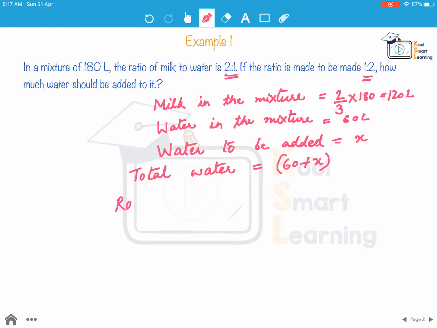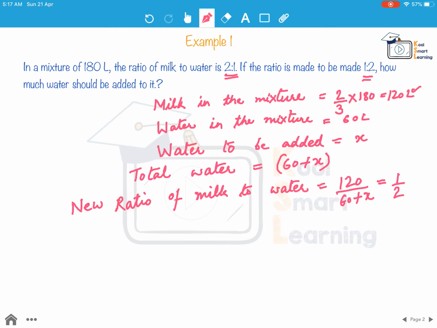Now if we have to see the new ratio of milk to water, this becomes 120 liter, because the milk content is still the same, divided by 60 plus X, and we know that this ratio should be 1:2.